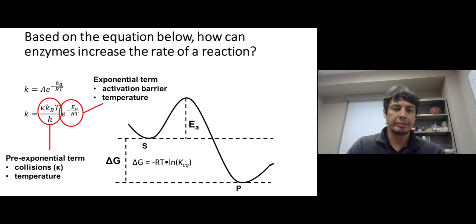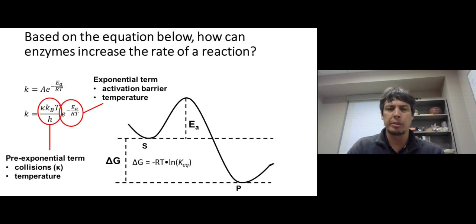So what we have then is all the influences on how the rate constant, and therefore the rate of the reaction, can be influenced. We have two terms in the exponential term of our equation that are dependent on the activation barrier, which we already talked a lot about for enzymes, and that's what we think about as enzymes lowering the activation energy.